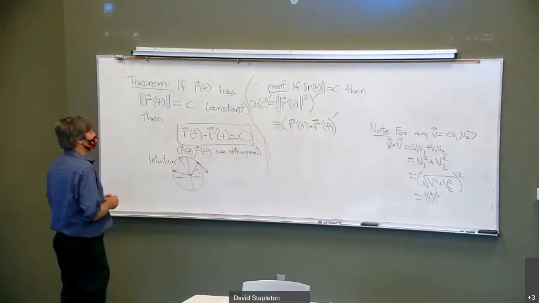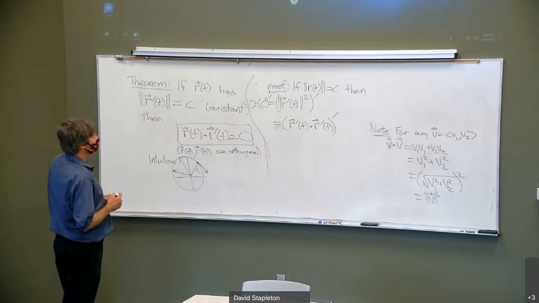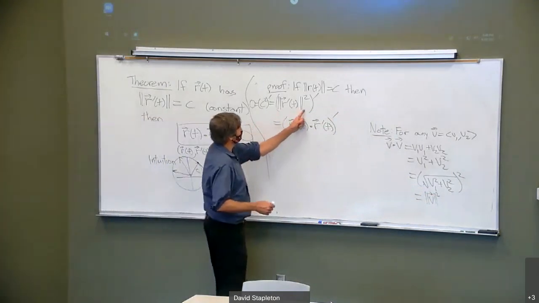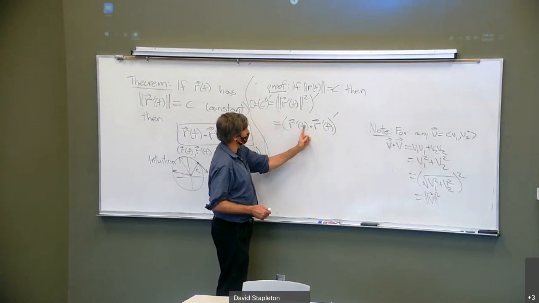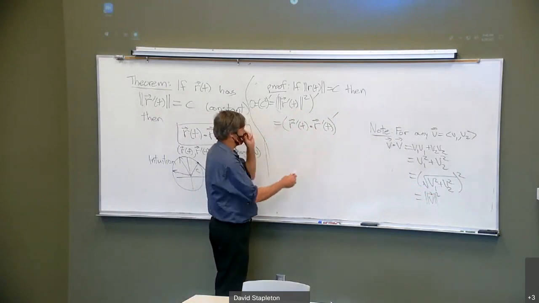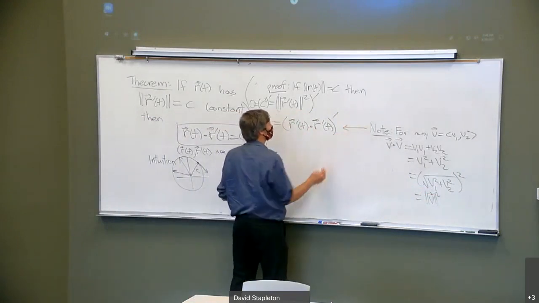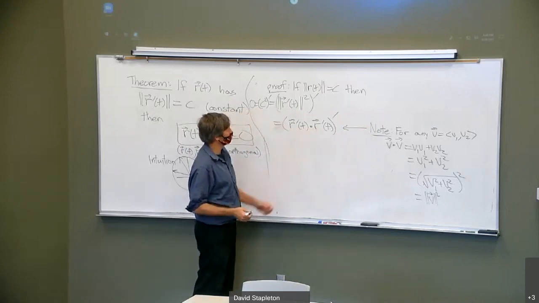So the length of r prime squared is r prime dot itself, right? By that property. But now what's this dot product?